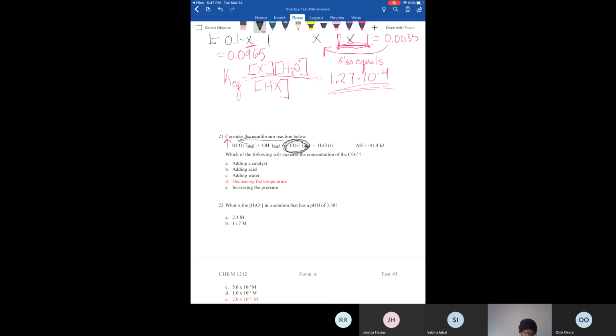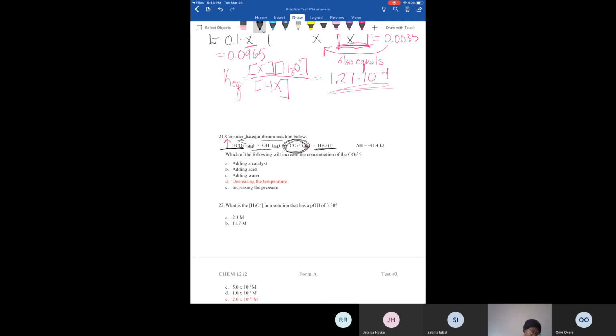But if you add acid, it should. Yeah, because this is base. This is your acid here. This is the conjugate acid. This is like OH minus. So if you flip it, it's like a basic reaction.